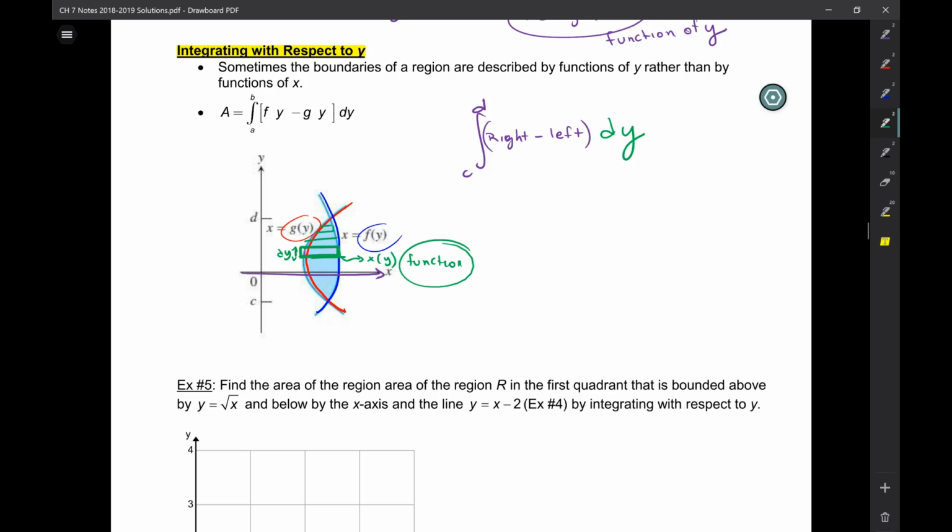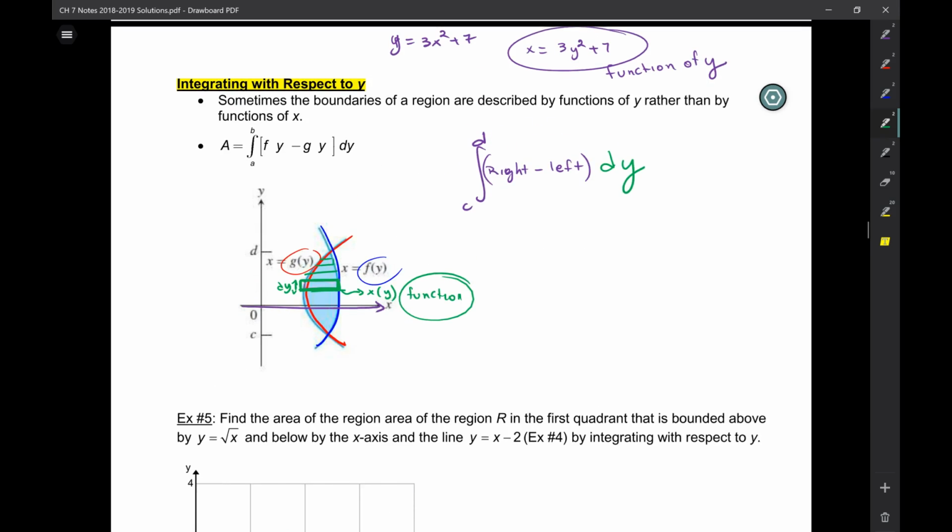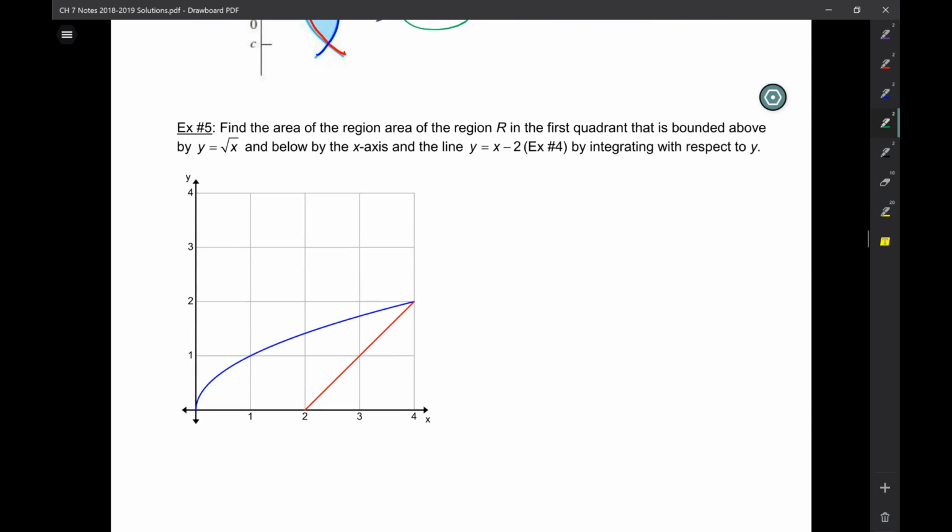And these are y coordinates, so everything is consistent. In here you have y variables, and then you have dy. You think I'm a crazy person yelling all this stuff at you, but things do get a little bit confusing in the beginning.